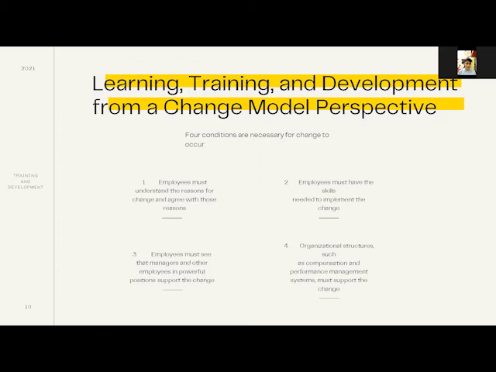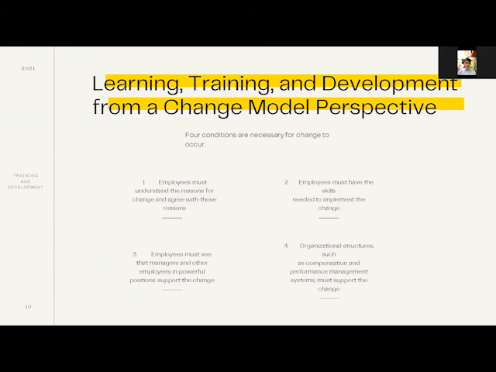And so it is with this, that employees must really understand the reason for change and agree with those things. Because if we as employees can't adopt that change and understand it, and do not agree with it, then everything will have a halo effect. Everything will be affected by a simple individual inside the company or organization.